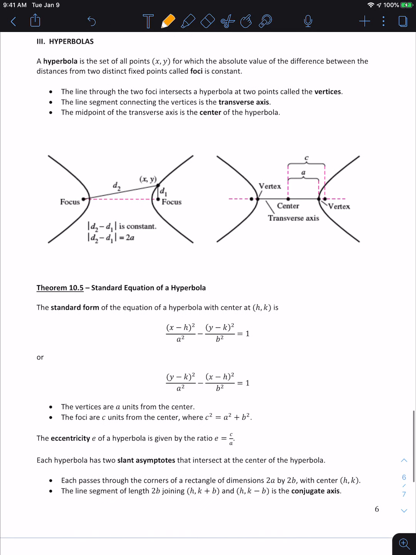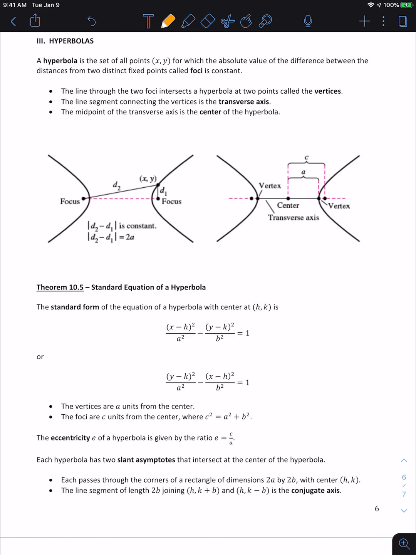We look at the following definitions from the standard equation of a hyperbola. The standard form of the equation of a hyperbola with center at (h, k) is (x minus h) squared over a squared minus (y minus k) squared over b squared, or (y minus k) squared over a squared minus (x minus h) squared over b squared.